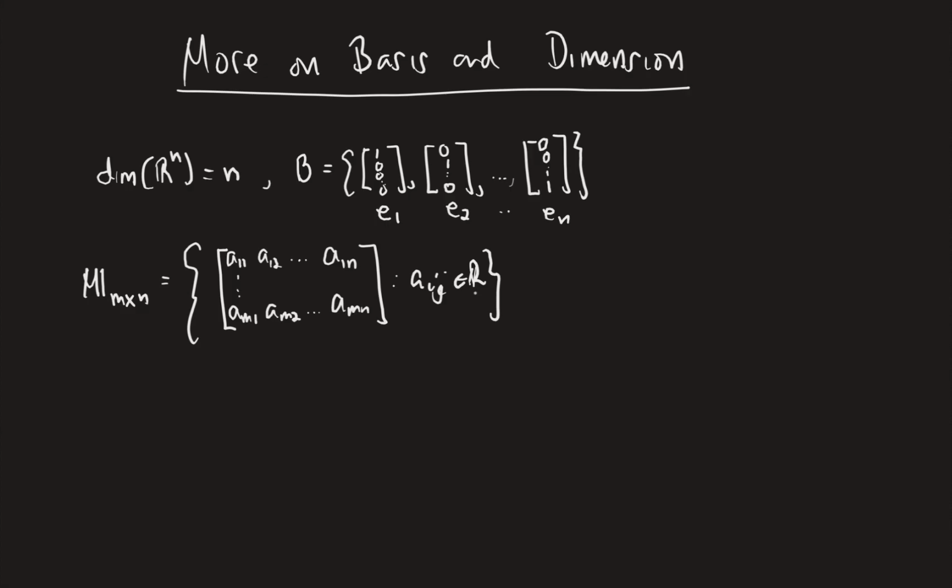All right. Now, because matrices and these column vectors are closely related, we can take a cue from Rn to come up with our standard basis for our matrix space. And remember what a basis represents, right?